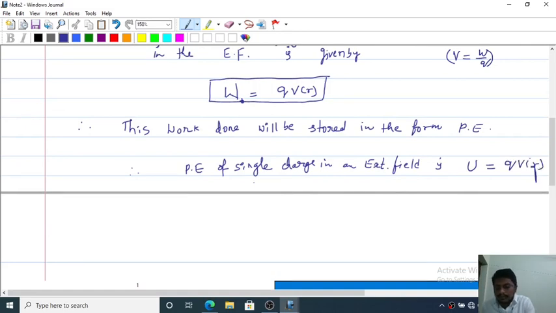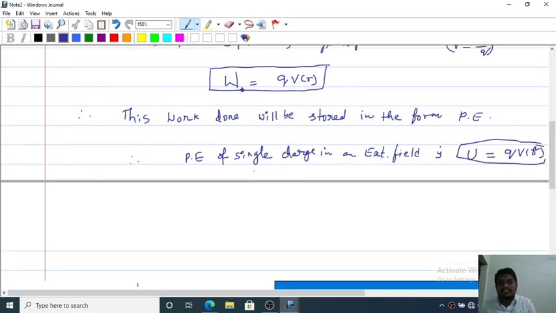Okay, Q into V of r. So this is the potential energy of a single charge in an external field.